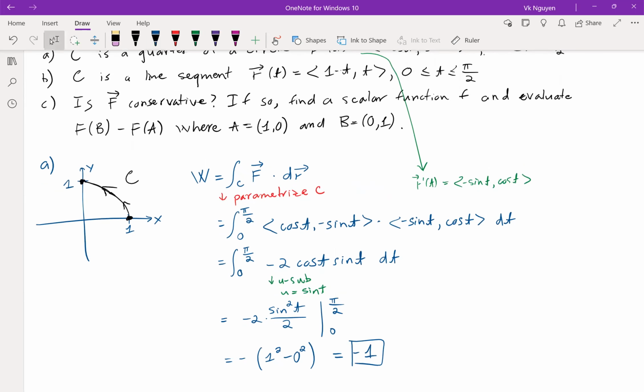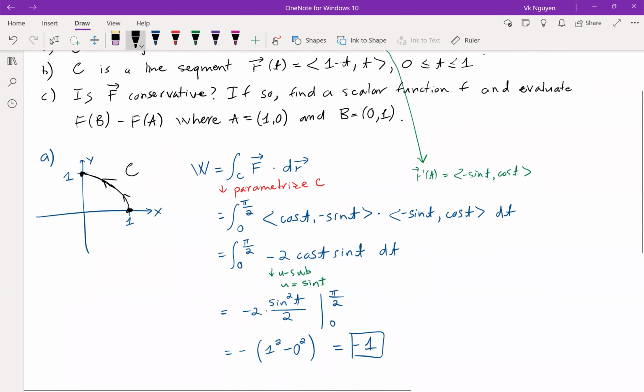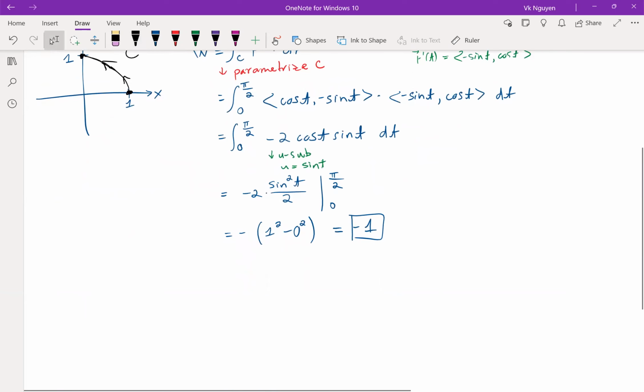Let's take a look at B here. There's going to be a line segment (1 minus t, t), 0 less than or equal to t less than or equal to 1, not pi over 2 this time, because the line segment is 1.